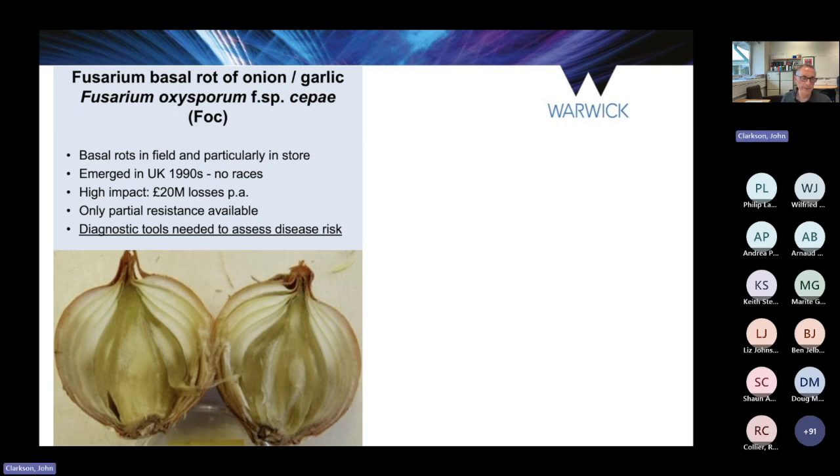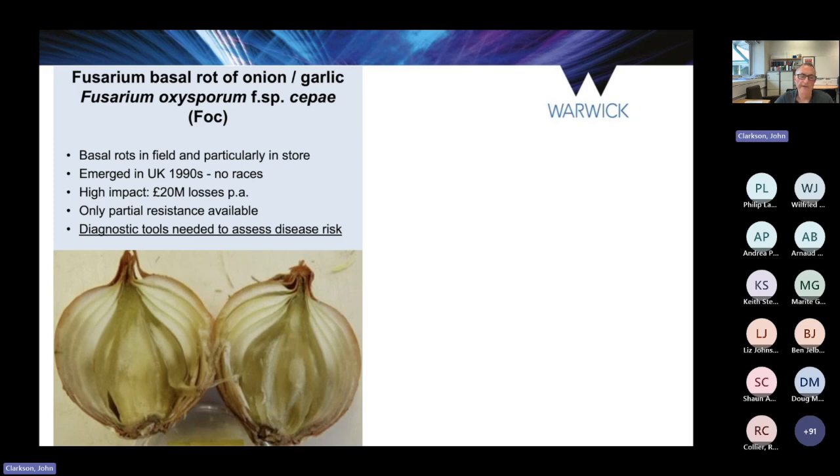So the plants can become infected in the field. So you can lose plants in the field, but one of the main problems is plants, or bulbs rather, that look apparently healthy that then develop the disease in stores. So a farmer can harvest the bulbs, put them into store, and then they will develop basal rot.